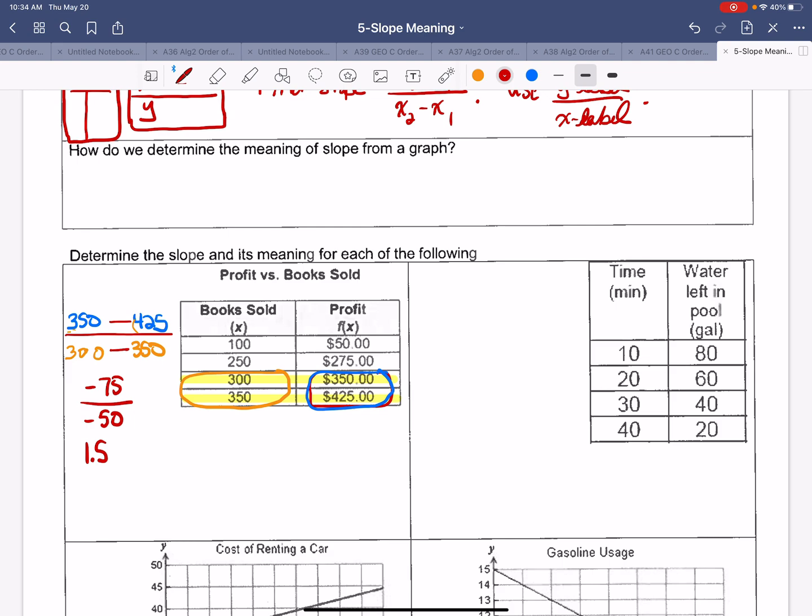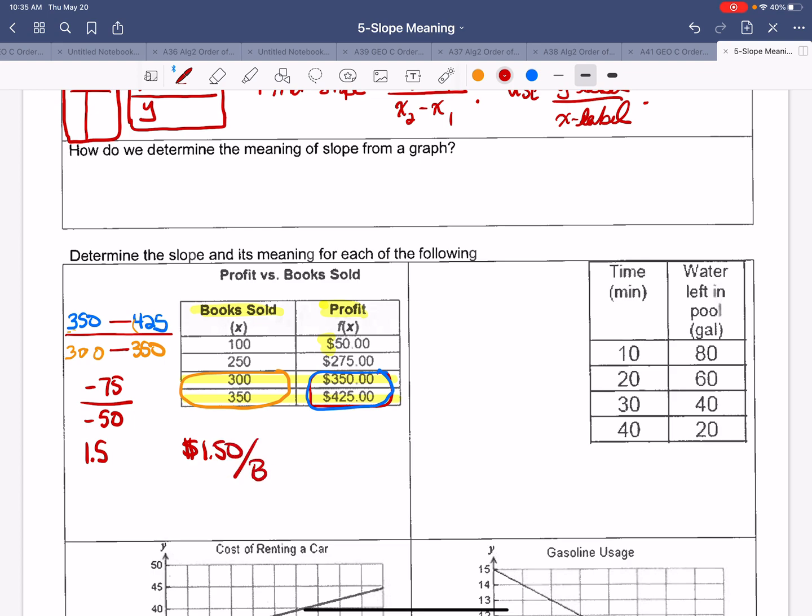And our units: our profit, which is actually dollars, and number of books sold. So the meaning behind this 1.5 is that it's $1.50 per book, which we would write like this.